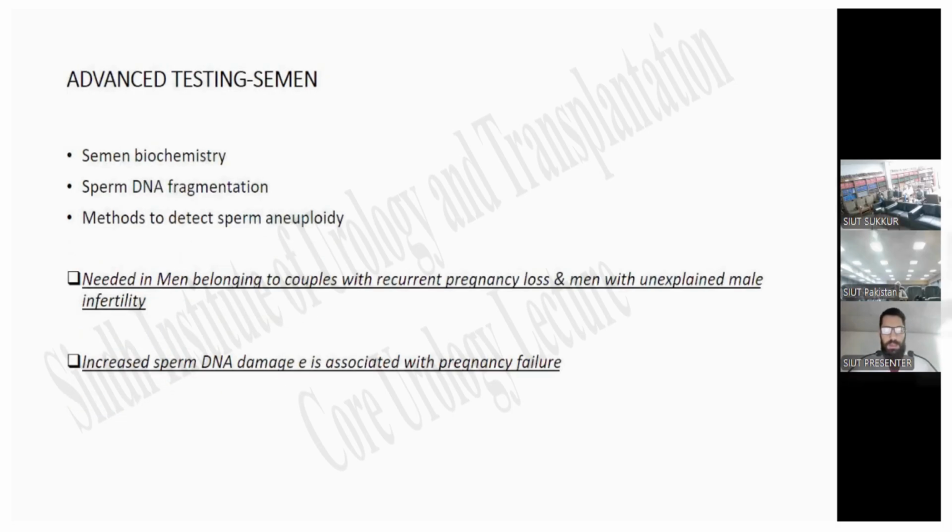In advanced testing of semen, we detect semen biochemistry, sperm DNA fragmentation, and there are methods to detect sperm aneuploidy. It is needed in men belonging to couples with recurrent pregnancy loss and men with unexplained infertility, and increased sperm DNA damage is associated with pregnancy failure and recurrent pregnancy loss.